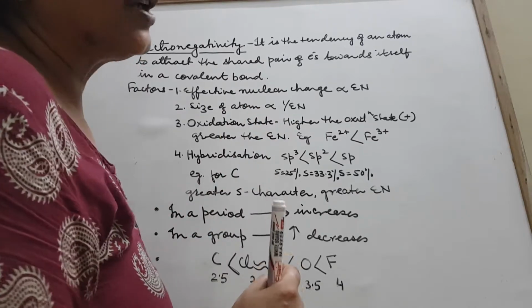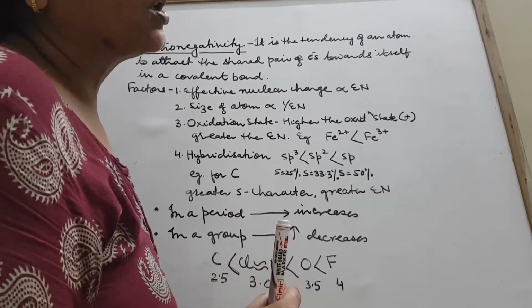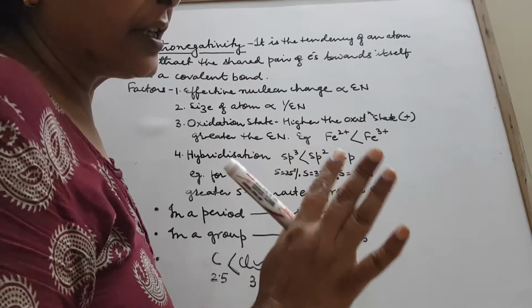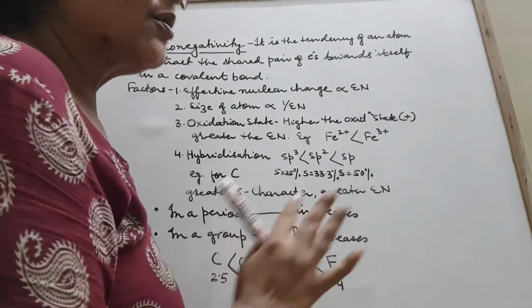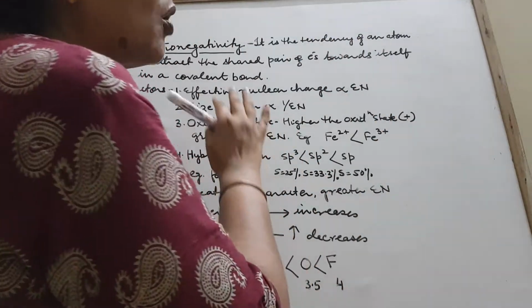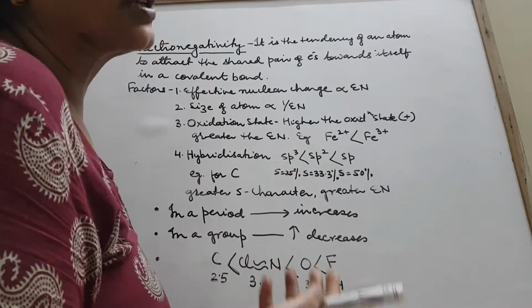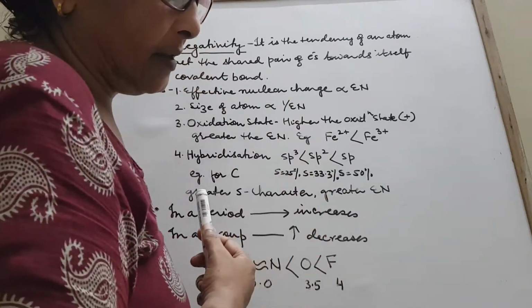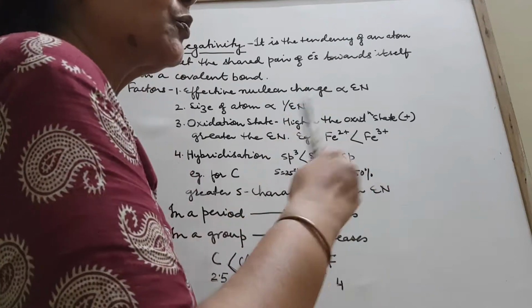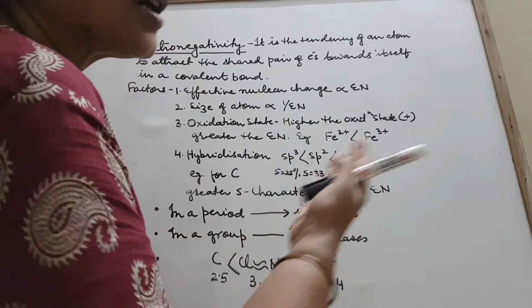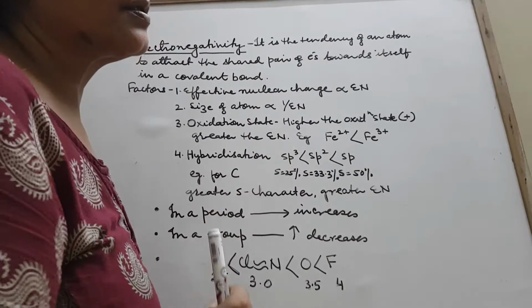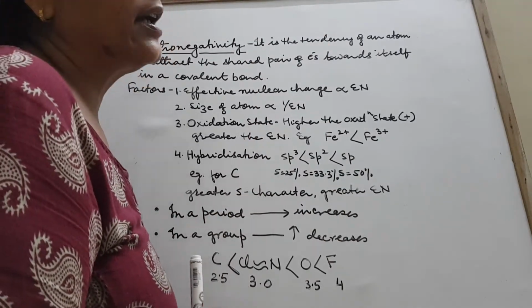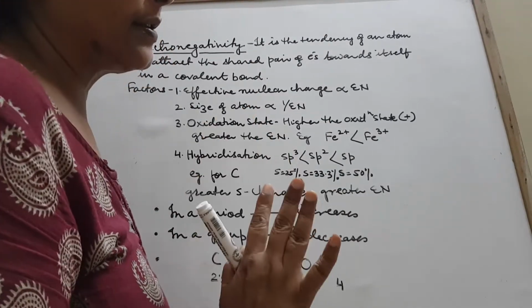Third is oxidation state. Children, I know you have not been taught the chapter oxidation reduction in detail, but I just tell you in short. Don't worry, this point will be clearer when we take up the chapter redox. Suppose we have monoatomic ions like ferrous, ferric, cuprous, cupric, plumbous, plumbic. They have charges, and those charges are actually their oxidation states.